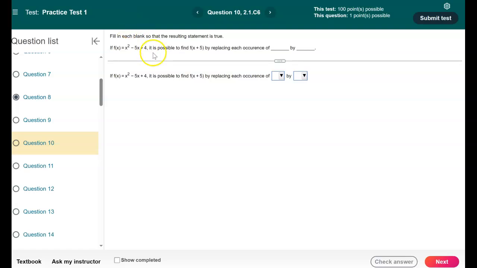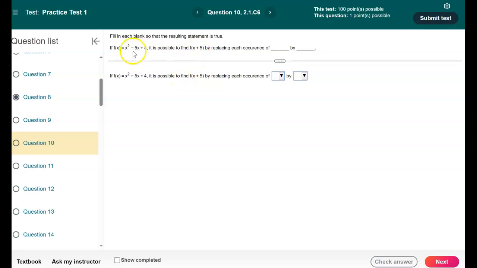But, you know, here, it says if you have a function x squared minus 5x plus 4, it is possible to also find f of x plus 5 by replacing each occurrence of x in the variable here by the expression here, by x plus 5.